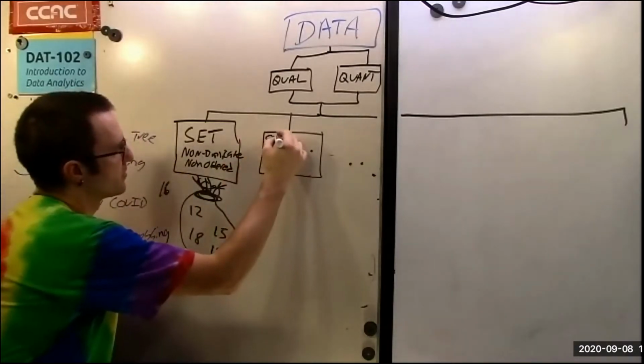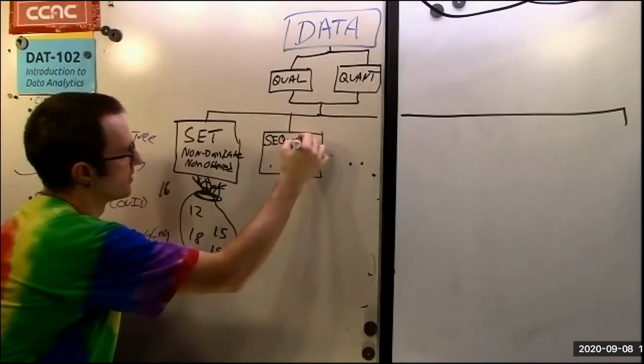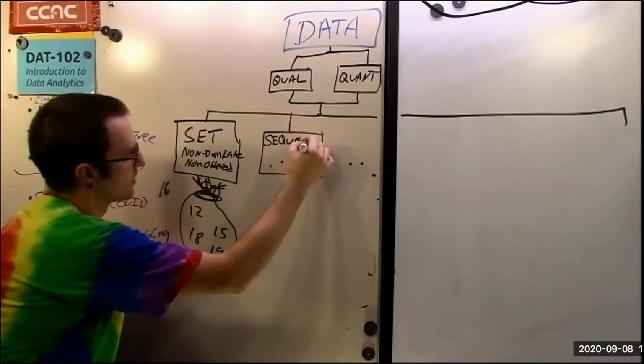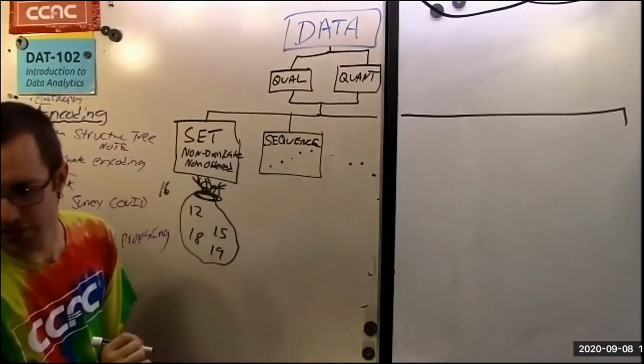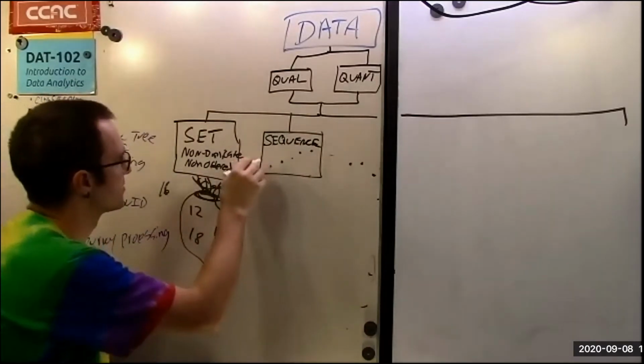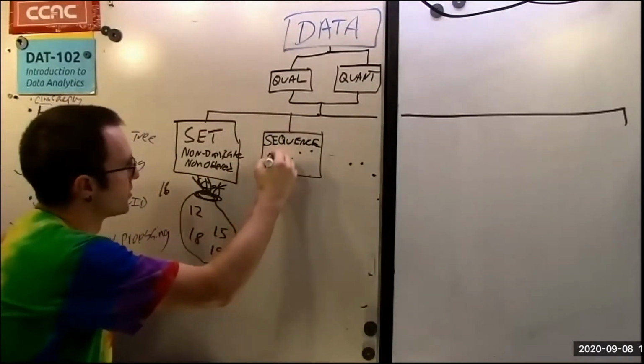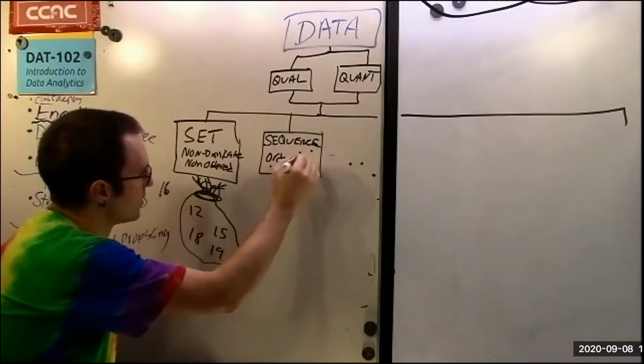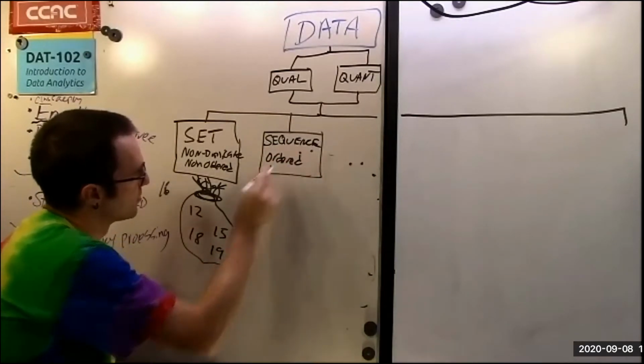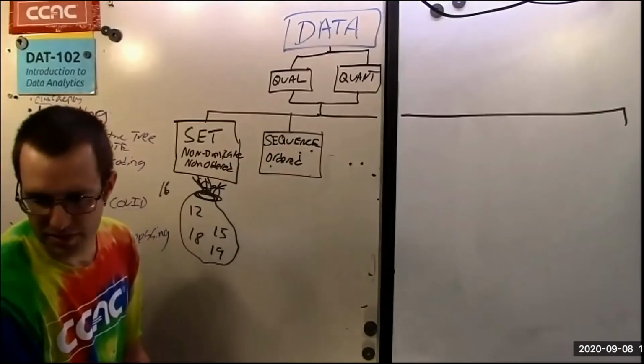Ordered component, we often want to maintain the order of something. So a sequence is ordered, and we can cope with duplicates in sequences.